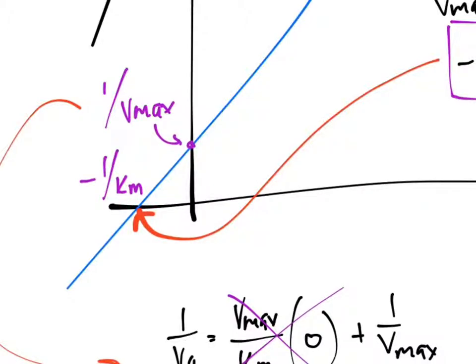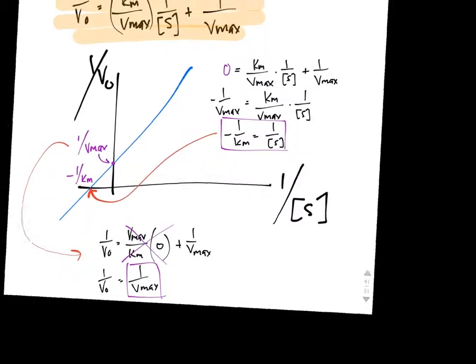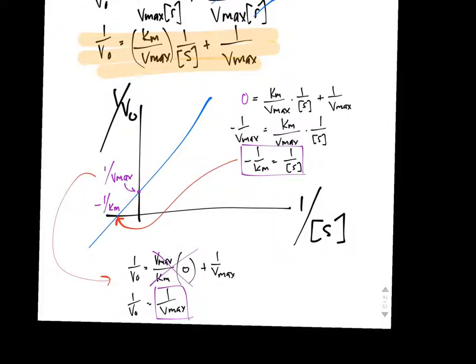If I gave you a number here, you should be able to calculate Vmax because you just take the reciprocal of it. If I gave you a number here, you should be able to calculate Km because you just take the negative reciprocal of it. And here, back to middle school algebra, this is how you calculate the intercepts. For the x-intercept, you set y to 0 and solve for x. For the y-intercept, you set x to 0 and solve for y.